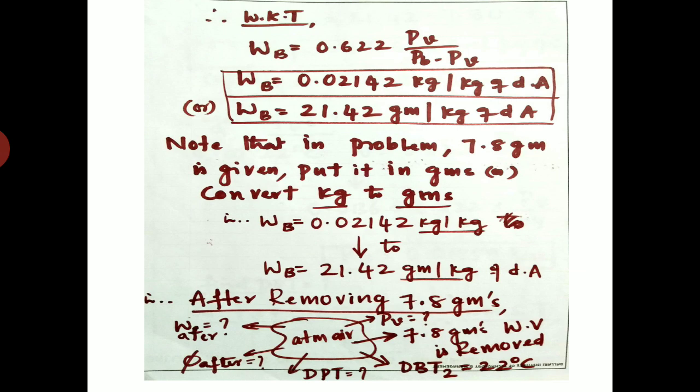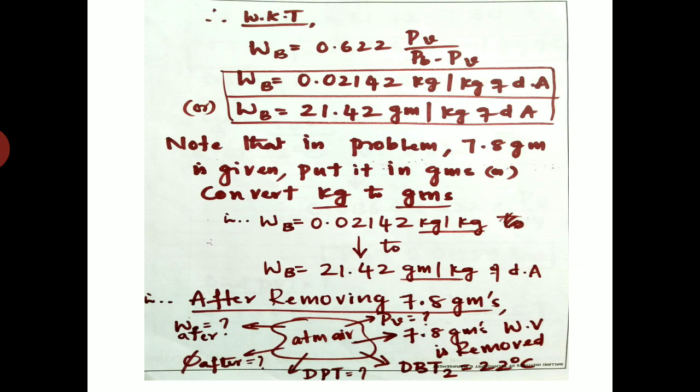After removing 7.8 grams, what are my new conditions? Again we need to find the new conditions: PV, and the relative humidity. Already the moisture removed is given, that is 7.8 grams. For this we need to find the partial pressure of water vapor PV, dew point temperature and relative humidity.